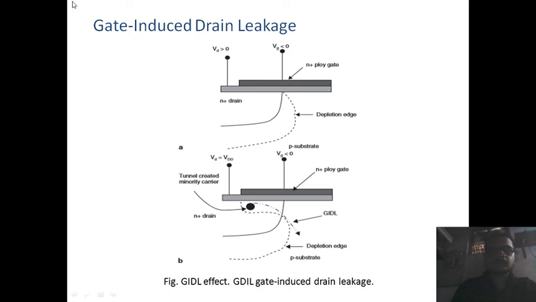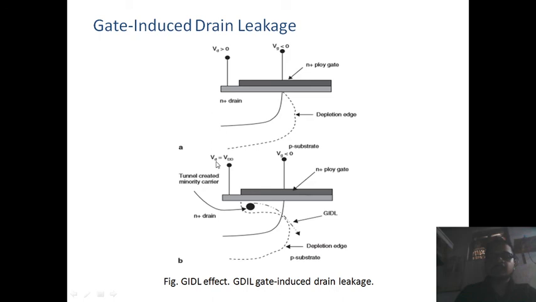See the next one, that is gate induced drain leakage. When the drain voltage is increased, assume to VDD, the depletion width of this drain region decreases. When VD is equal to 0 or less than 0, the depletion width is larger.